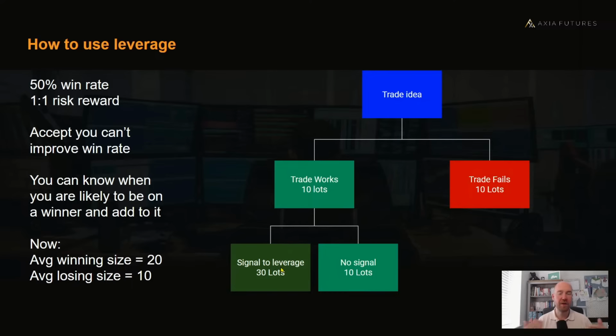So you win on 30 rather than on 10. So what this essentially means then is that your average size on a winning trade is 20 contracts. Your average size on a losing trade is still only 10. That's what leverage does for you. It turns a 50-50 win rate, a trade that ultimately has zero value, into something that you can actually make money with.